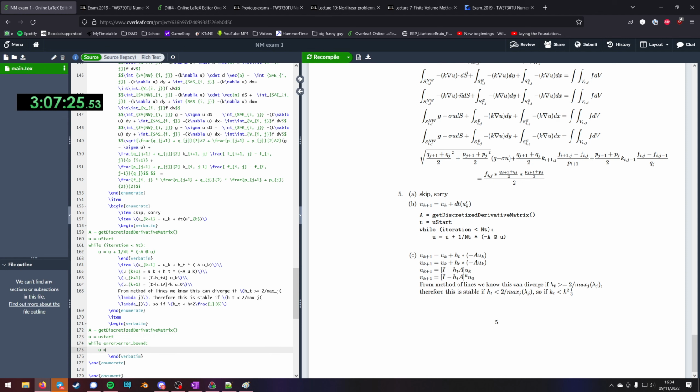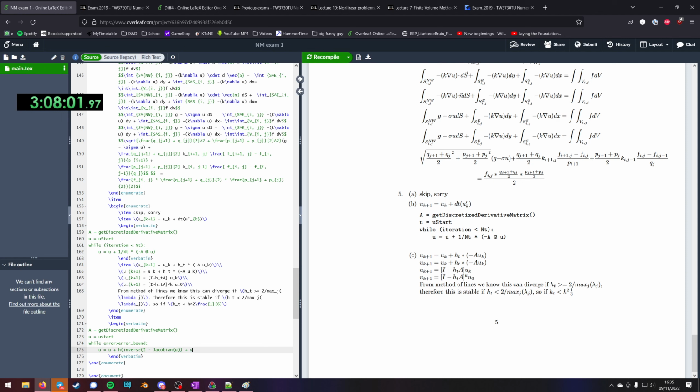So we want to have U is U plus H B. Yeah, and B here being H times the inverse of something plus, so the inverse of I plus or minus Jacobian U. So it's the inverse of that.